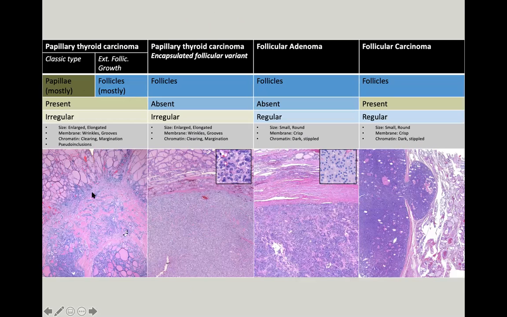What they look like is shown here, right? Classic papillary thyroid carcinoma with stromal fibrosis and an infiltrative growth pattern. Encapsulated follicular variant of PTC and follicular adenoma, both being very well circumscribed, again, the difference being nuclei, and a true follicular carcinoma having capsular or vascular invasion.